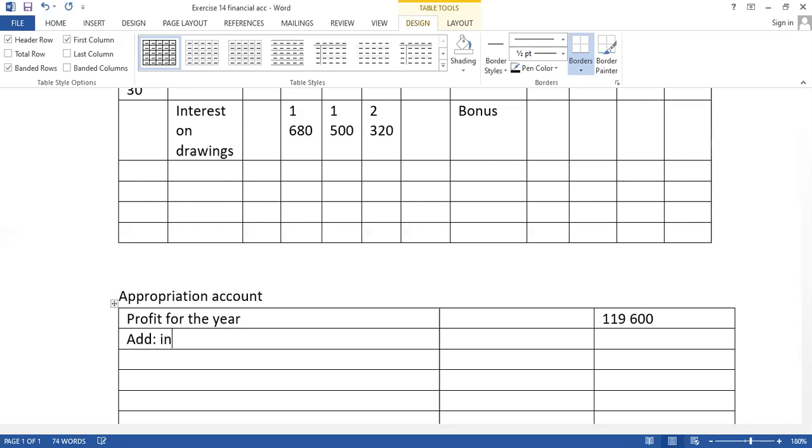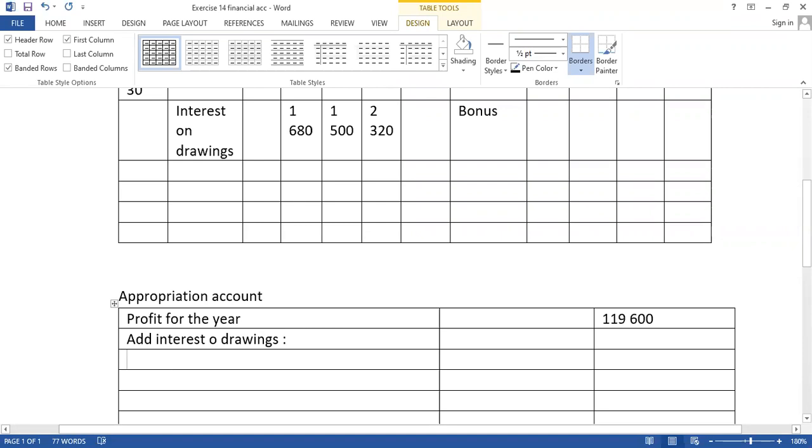interest on drawings of partner X. You record them separately.